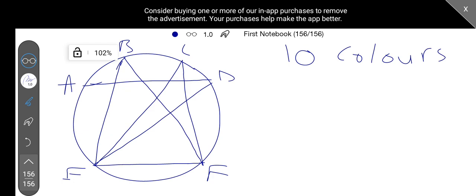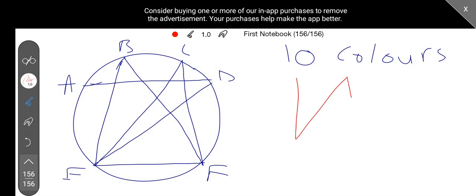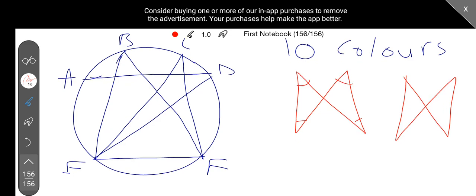So we can see that we have got a butterfly or bow tie shape. I encourage people that if they see a bow tie or a butterfly, they must think of angle in the same segment and angle at the center theorem, because one of these two will be at the center.